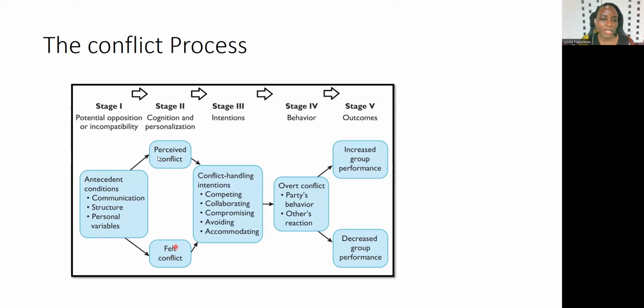Here, it is still at the level of, I am seeing, I'm hearing, but I have not yet taken it personal. I'm not yet feeling. I have not yet started acting hostile. All right. So let's move on to stage 3.